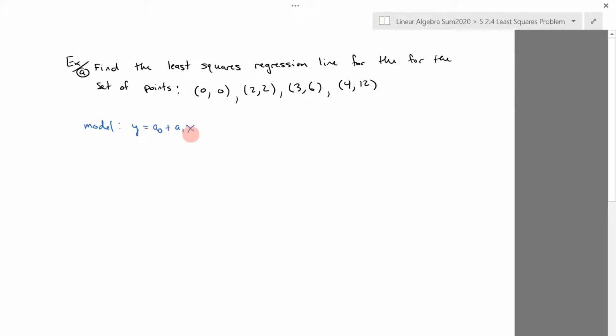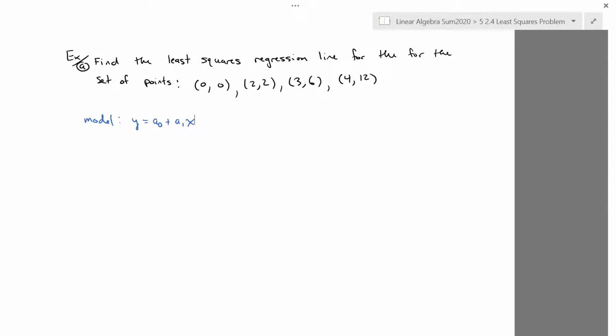So we can now set up our system of linear equations by plugging all the x and y coordinates into this model. Right, so we plug in the points, each one by one. Starting with the first one, x is 0, y is 0. So plugging in x, you get a0 plus 0 times a1 equals y, which is 0.